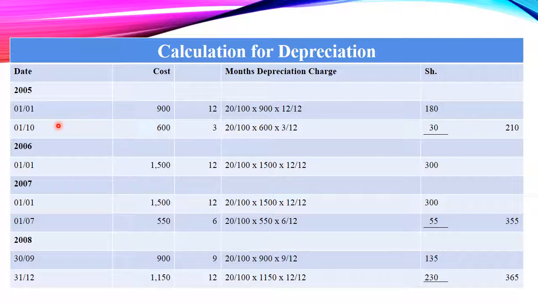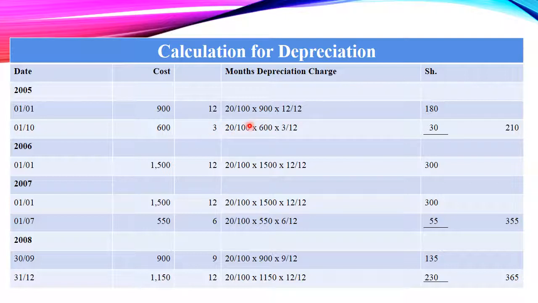On 1st of October, they acquired another asset worth 600 shillings. So this asset, being that it was acquired on 1st of October, it was only there for the months of October, November, and December. So we'll have 3 months. So the asset will be in the organization for a total of 3 months.